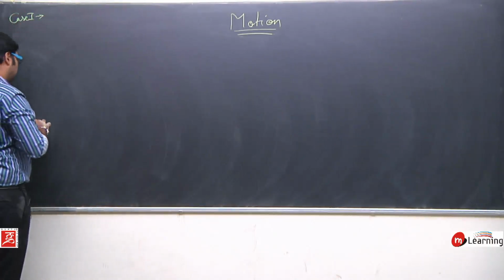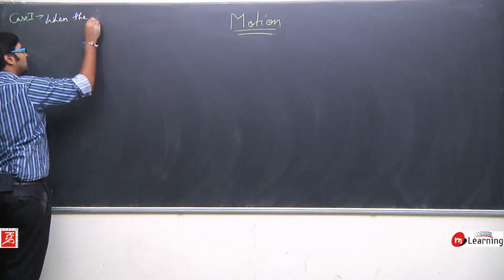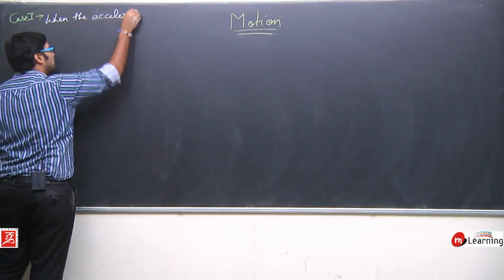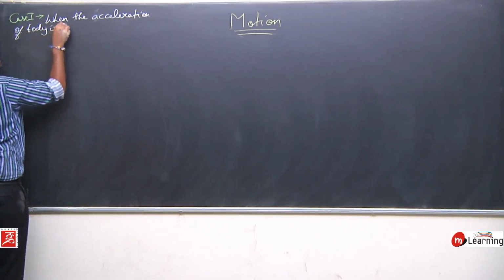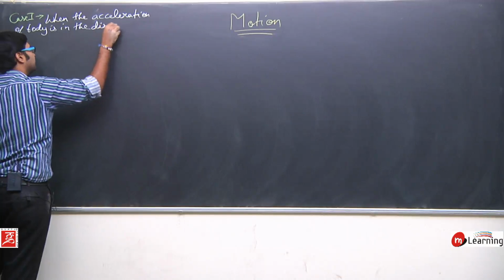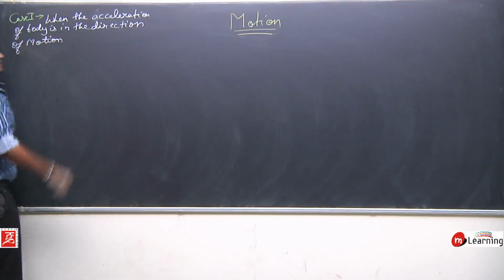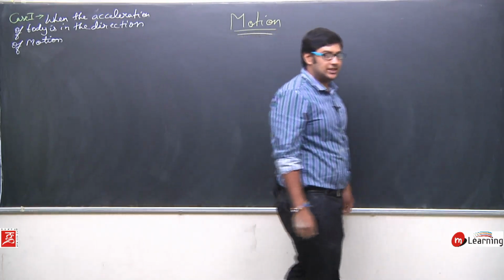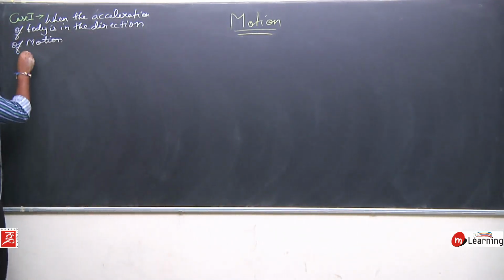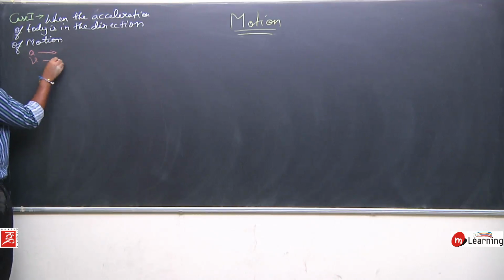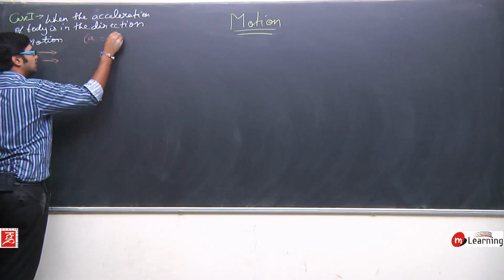The case 1 is when the acceleration of the body is in the direction of motion, that is acceleration and velocity both are in the same direction. So acceleration will be positive.